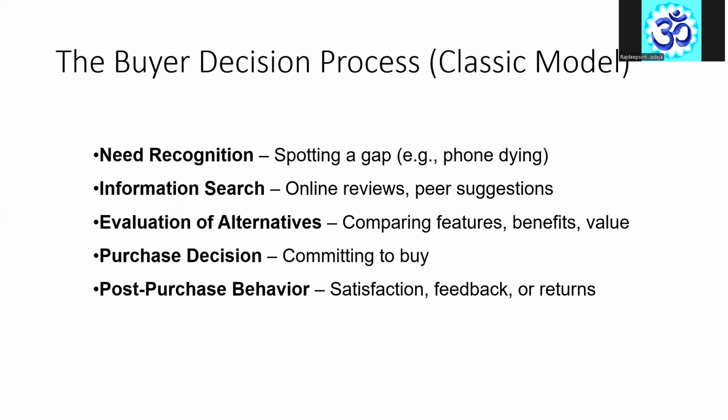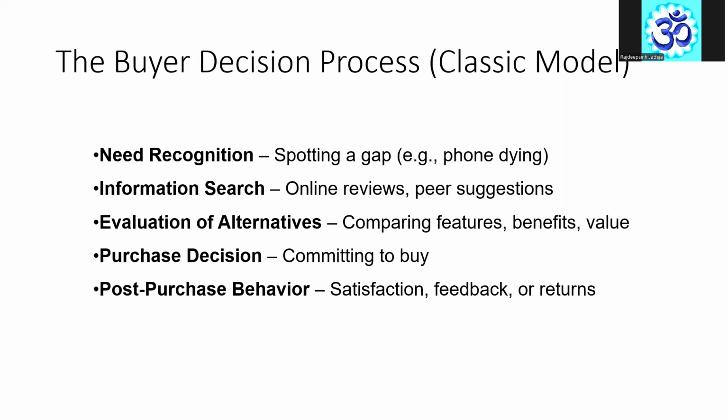They call this spotting a gap. An example: phone dying. Let's say I'm a consumer and I want to purchase a new phone because my existing phone is dying or can't work properly. It's a very old phone, so I need to purchase a new one. That is the gap, and that is the need for purchasing a new phone for me.